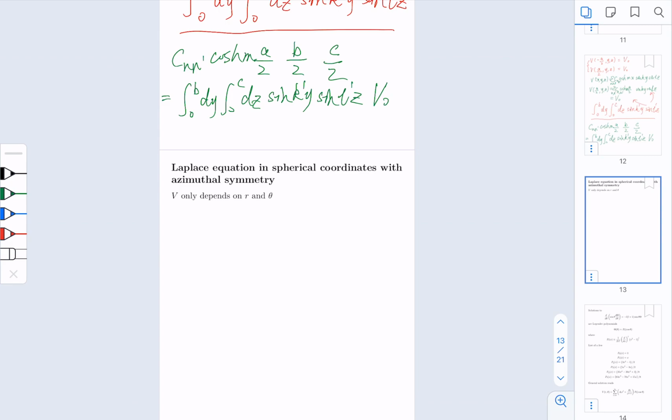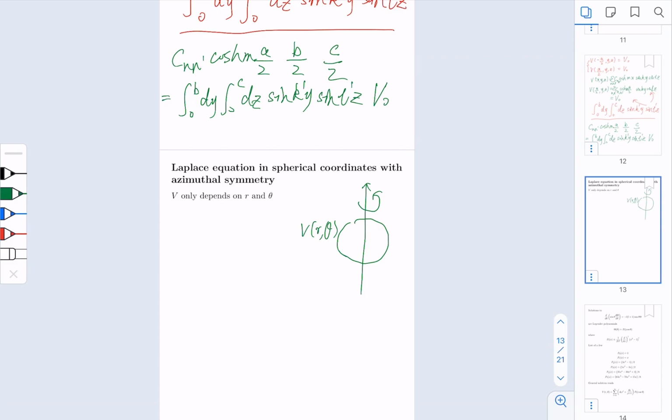This means we are considering a ball, and the potential here can be a function of r and theta. However, along this azimuthal angle, the potential should be the same.